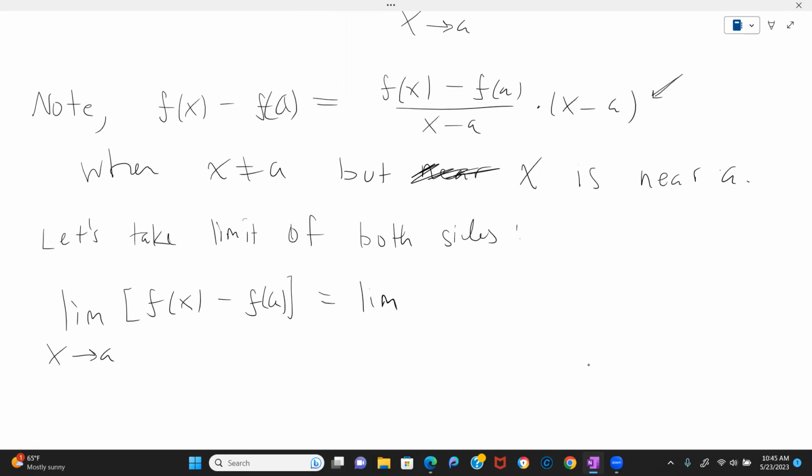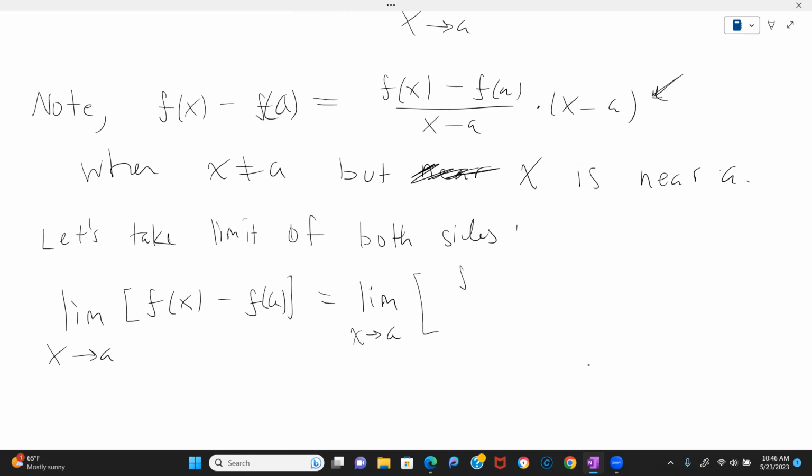Remember, one of the rules we said is that if you have two functions which are equal near a point but maybe not at that point, then they have the same limit. I don't remember which limit law that was called, but if f of x equals g of x for x not equal to a, then they have the same limit as x goes to a. That's exactly the law we're using. All these laws come up, sometimes in a subtle way, but we're always using them.